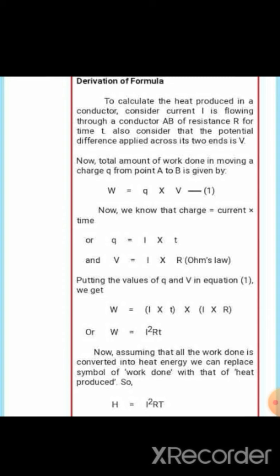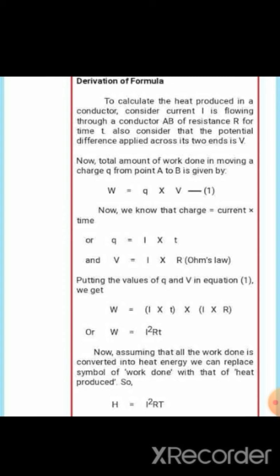If this is the work done by the source, spending some of the energy in a circuit that is completely resistive, that means the circuit is opposing the flow of electrons. It's not allowing the electrons to flow through it easily. Then this work done will be converted into heat energy, or rather it appears in the form of heat.